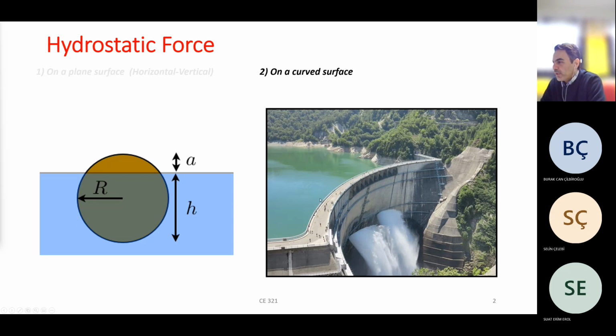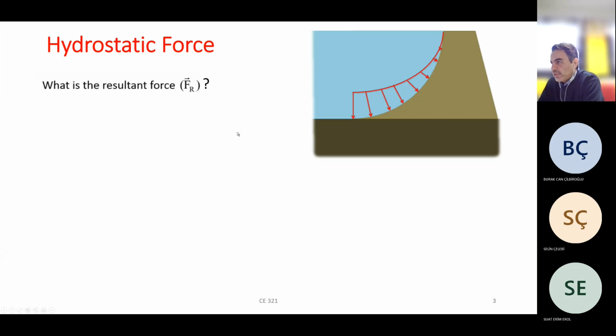We cannot use the rules that we learned in previous sessions to calculate the resultant force. What we should do in that case is find the horizontal and vertical components of the resultant force first. Why? What is the reason? Let's look at this figure and discuss the reason on it.